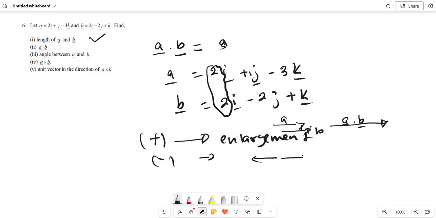So if it is negative, it means opposite direction. But if you are getting the value as 0, that means these vectors are perpendicular to each other. Then only you are getting the value as 0. Okay, that is your additional knowledge.